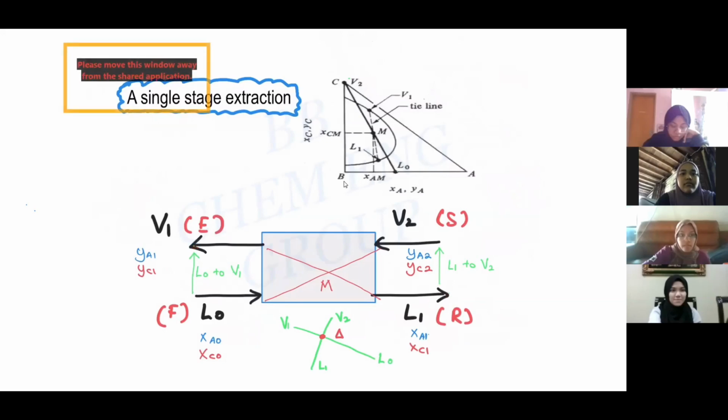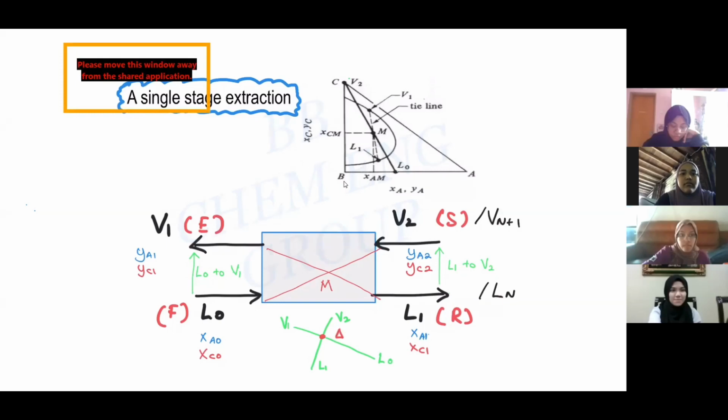So this is a single stage. If you have multiple stages, the stream is labeled as Vn plus 1 and this one is Ln. The concept is the same. Just connect the point Ln to Vn plus 1, and then L0 to V1 to get your operating point.